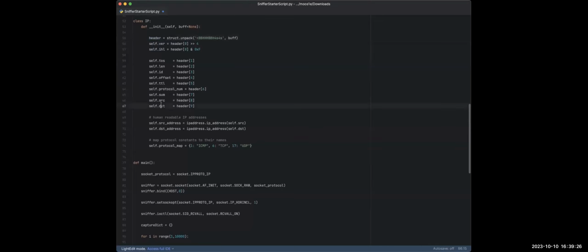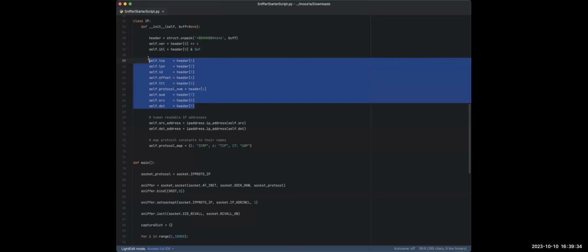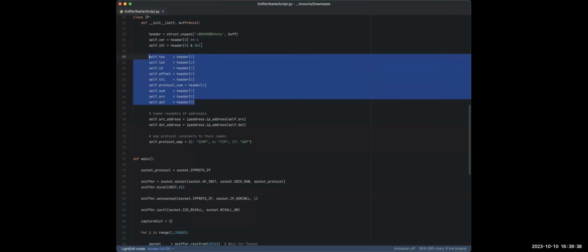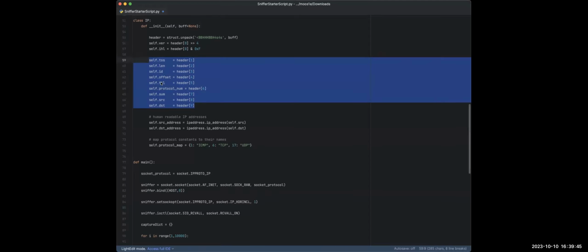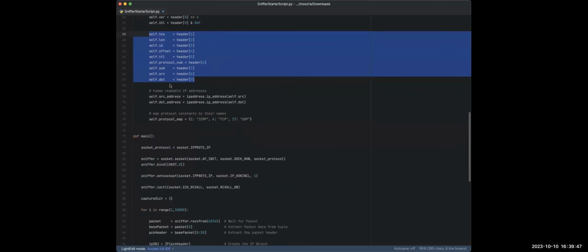It's going to give you source, destination, sum, protocol, time to live, offset, ID, length, and the TOS. These are all headers that are inside of that Wireshark capture. So when you do your Wireshark capturing, if you right click on a packet and do follow TCP stream, you'll see that all of these are in there. Okay.